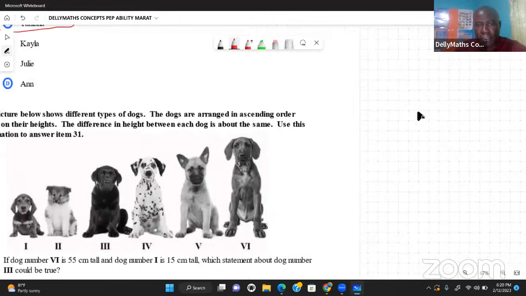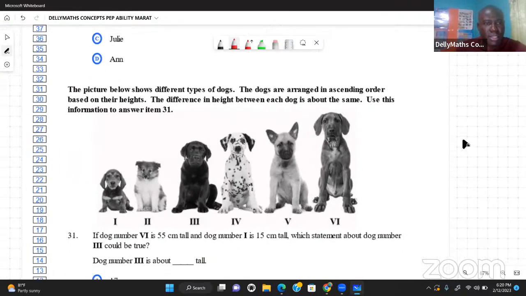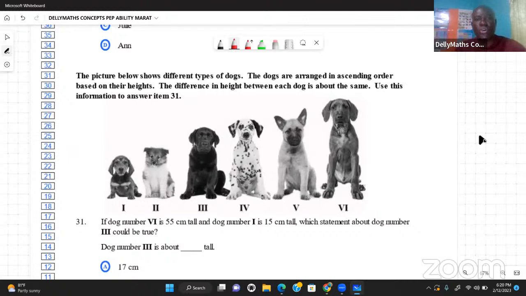So we're looking at this one here about some dogs. It says the picture below shows different types of dogs, right? The dogs are arranged in ascending order. So you could see that they're going up like that, all right? Now, based on their height, the difference, watch this now. The difference in height between each dog is about the same.